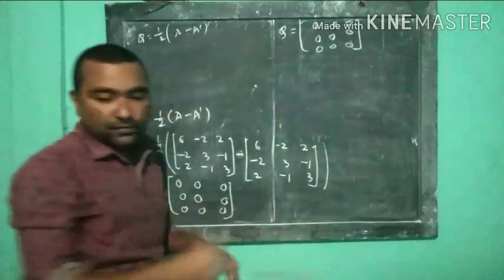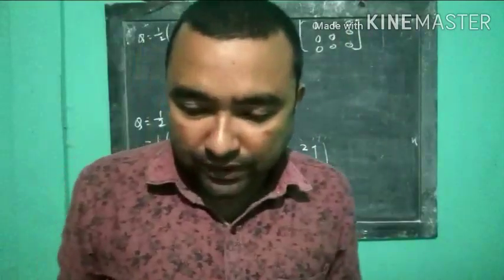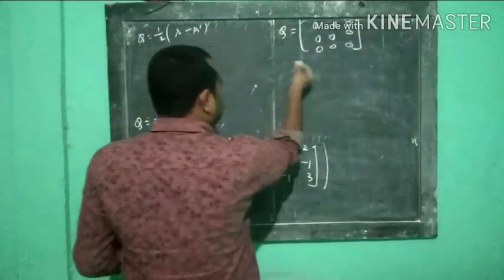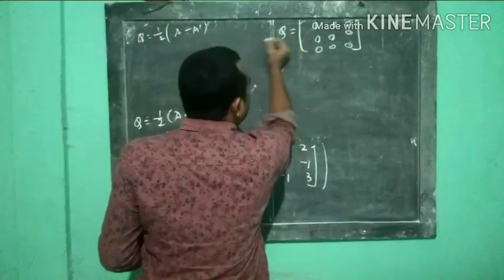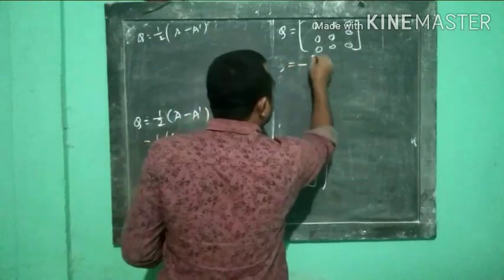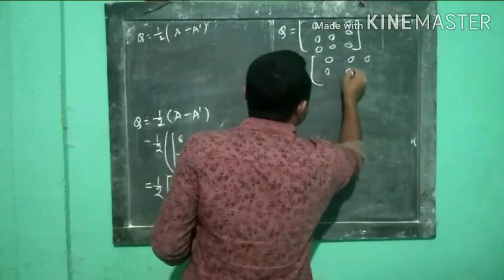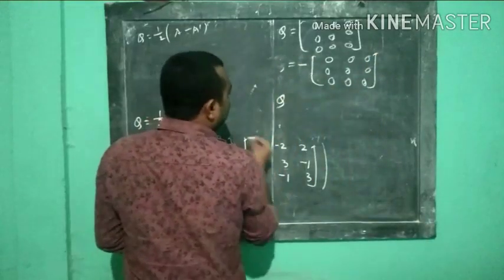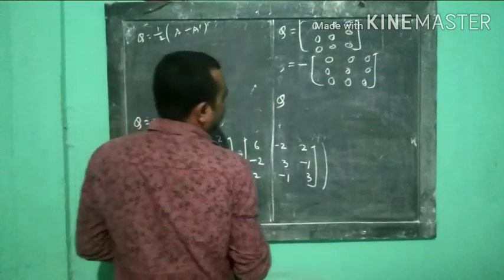If we take the negative sign as common, then we get this equal to 0, 0, 0, 0, 0, 0, 0, 0, 0. Then we can write Q transpose.